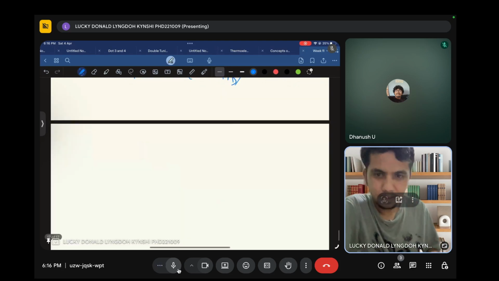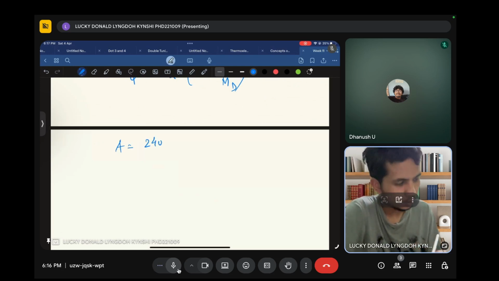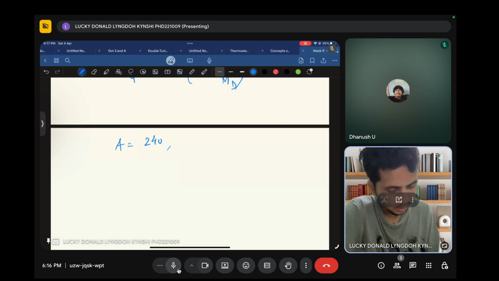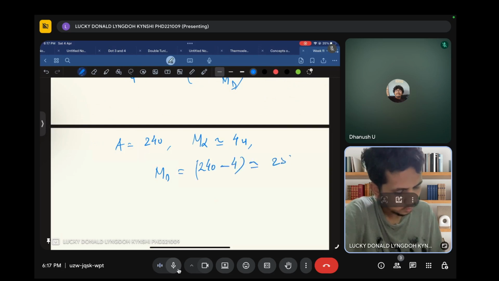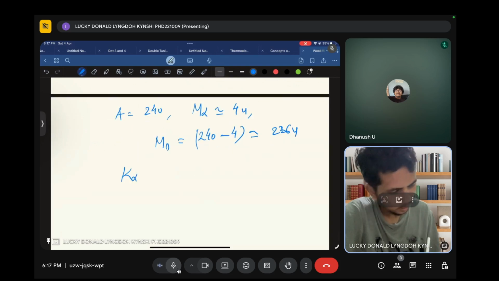Now since A is already given to you, A is equal to 240 from your question, then m alpha of the alpha particle is almost equal to 4u that we have already seen from the first problems, and mass of the daughter nuclei m d will be equal to 240 minus 4, which is approximately 236 u. Okay, then you can just substitute back in this equation.